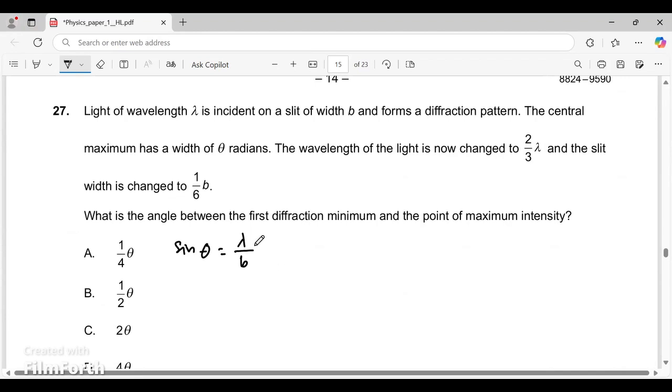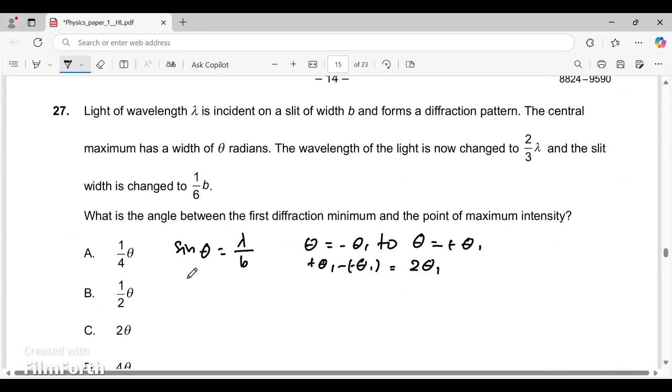So since the central maximum spans from theta equals minus theta 1 to theta equals positive theta 1, the full width of the central maximum becomes positive theta 1 minus negative theta 1, which is 2 theta 1.